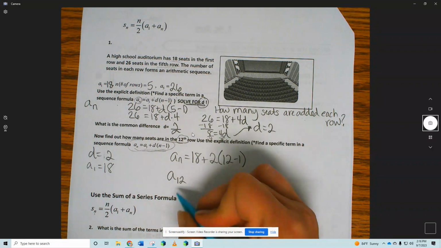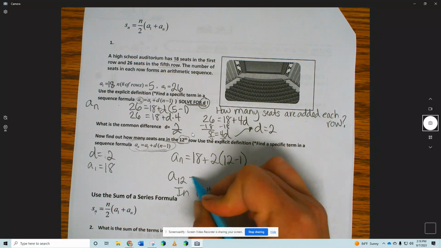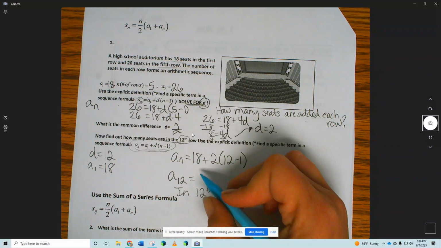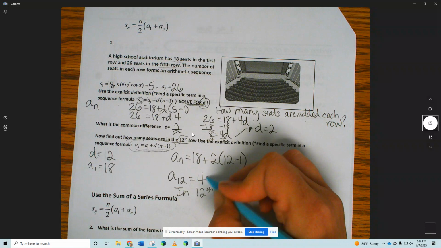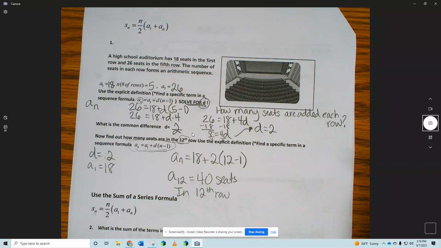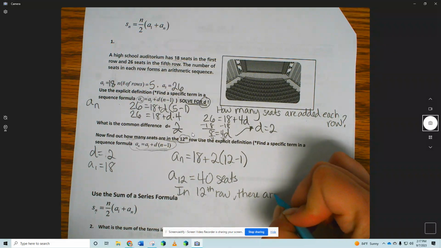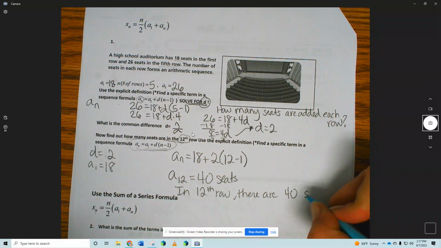In the 12th row, what is it? 40. 40 seats. 18 plus 2 times 11. There are 40 seats.